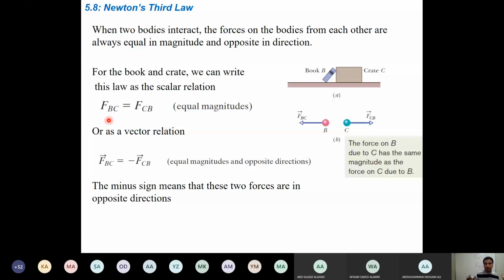If you are using XYZ coordinates and you choose positive X to represent positive forces and negative X to represent negative forces, then you can definitely assign the negative sign to a specific side. Okay.